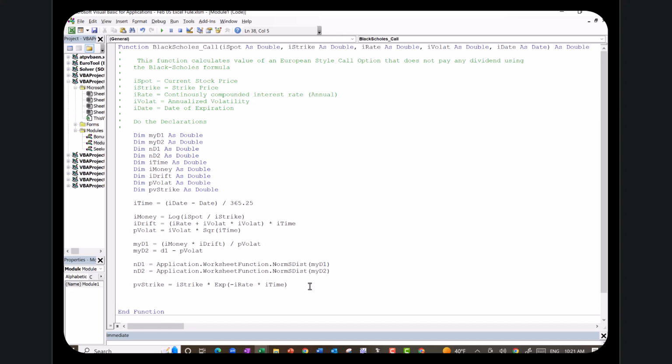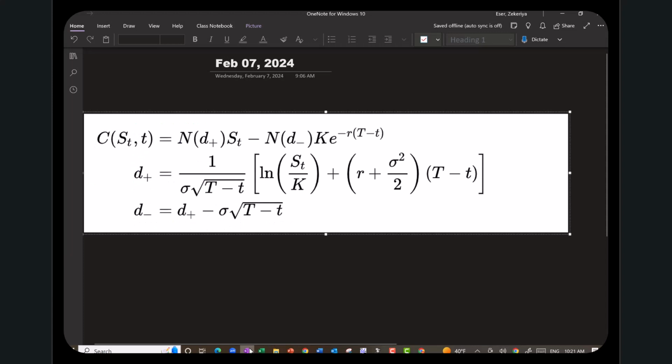And finally, Black-Scholes call equals. That's the value you're returning. Let's remember, N of d1 times spot, minus N of d2 times present value of the strike.